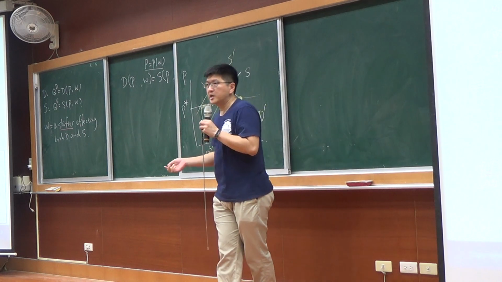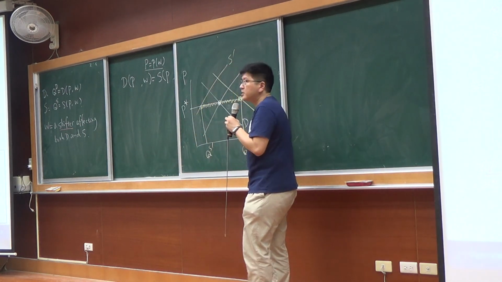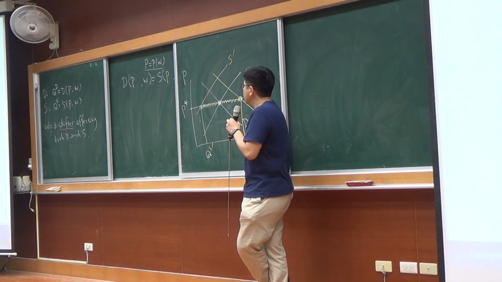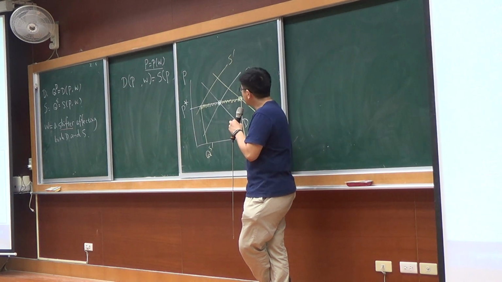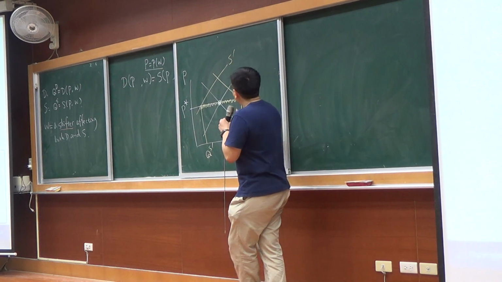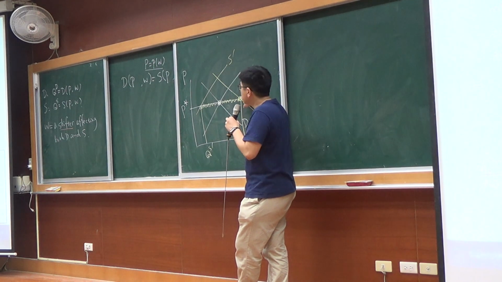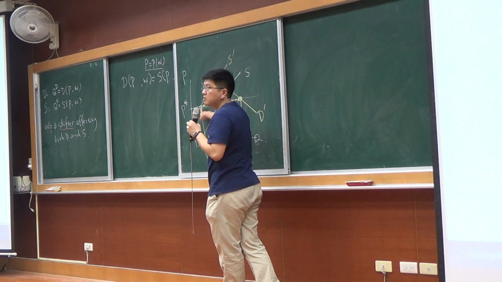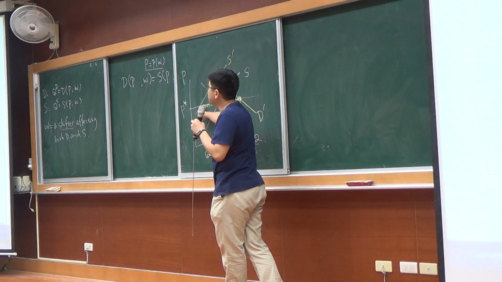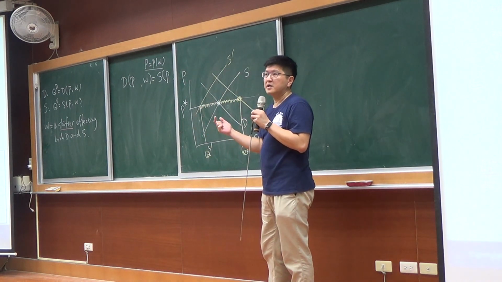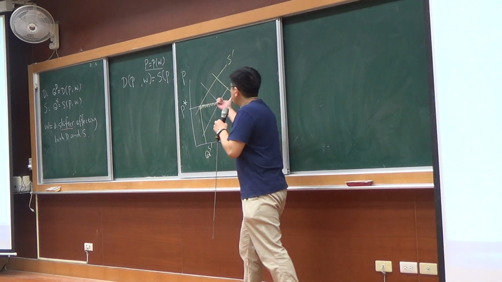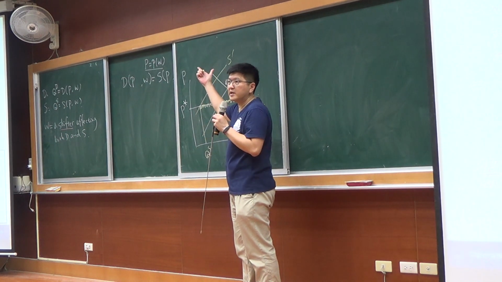When you were in your freshman year, in the principles of economics, you learned that when more people want to buy the good and fewer people want to sell the good, there will be pressure on price, making it go up, right?